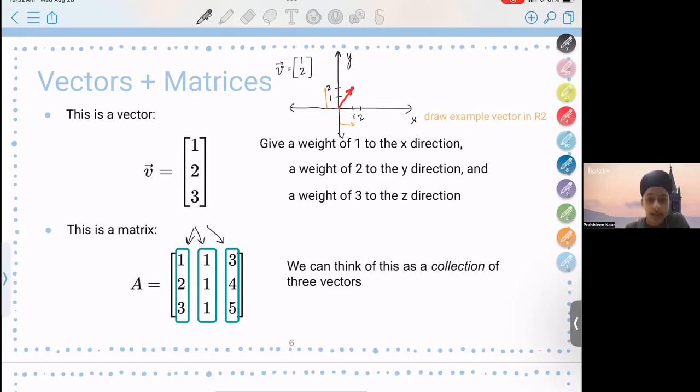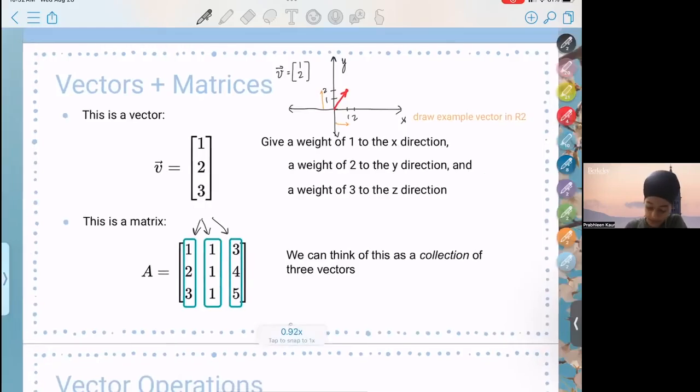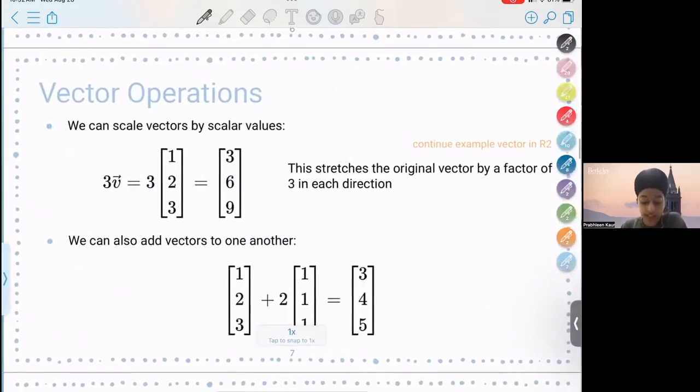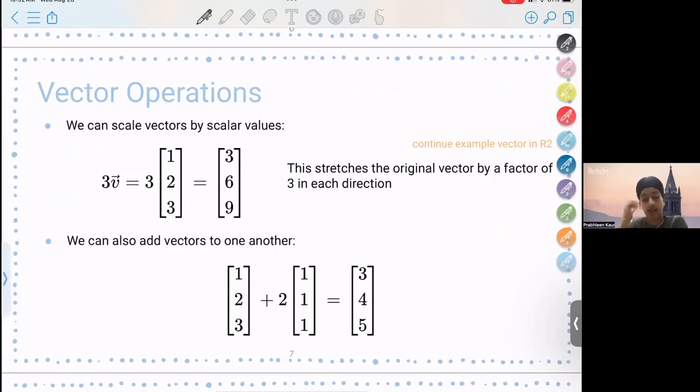You can think about vectors and matrices in a lot more complex ways, especially with different mathematical applications. But for now, at least, we'll just think of it as a collection of vectors. What can you do to vectors? So we can scale vectors by constants.